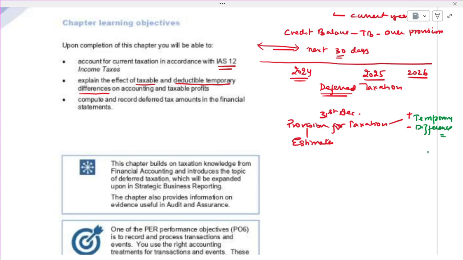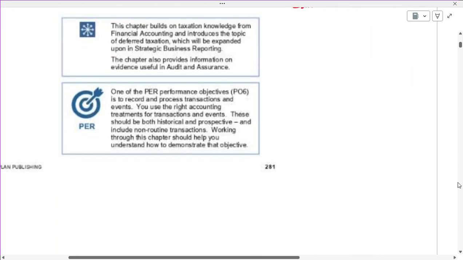Compute and record deferred tax amounts. I told you a deferred tax amount is nothing but tax which is going to be paid in a later period. We are only computing and recording any deferred tax amounts in the financial statements.